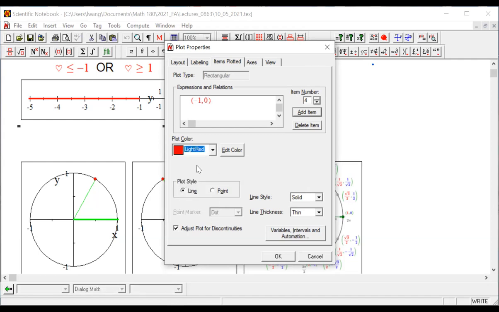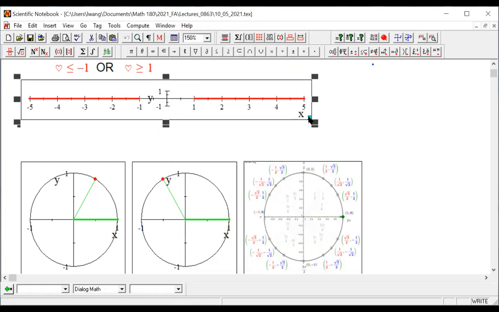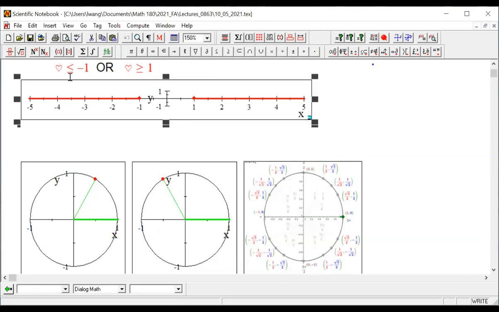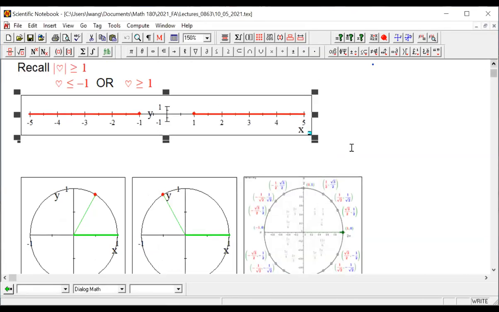And the red dot. Wait, I didn't put a red dot there. Okay. So you are probably familiar with this graph, aren't you?